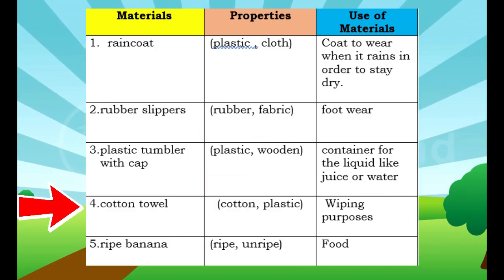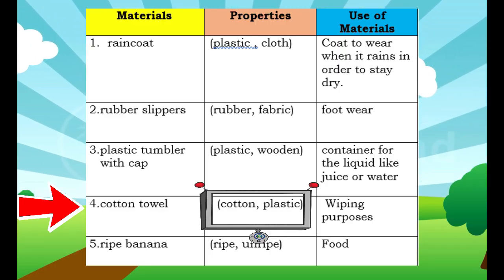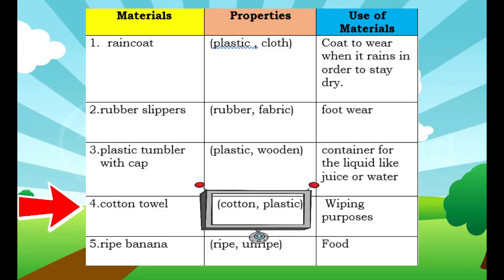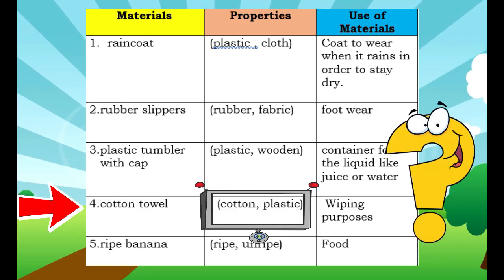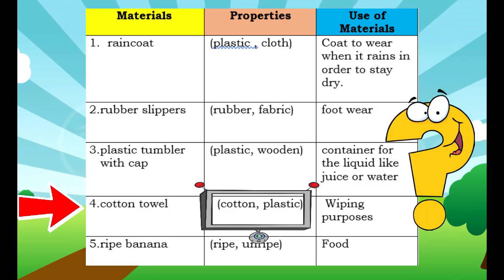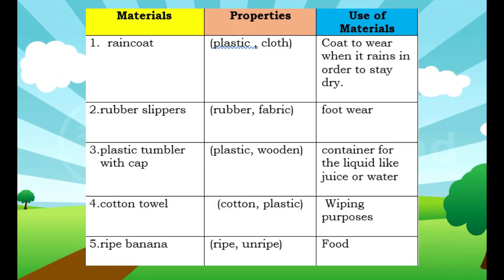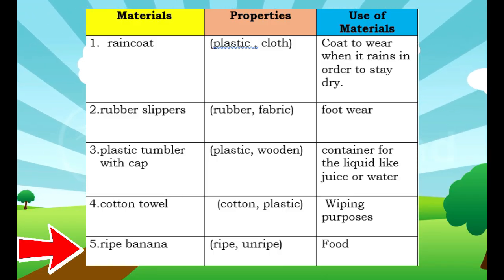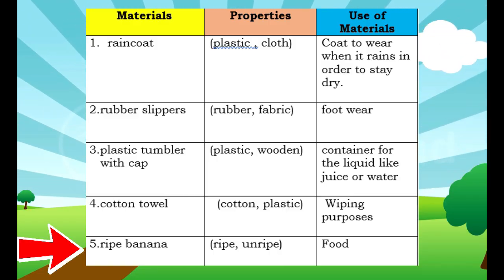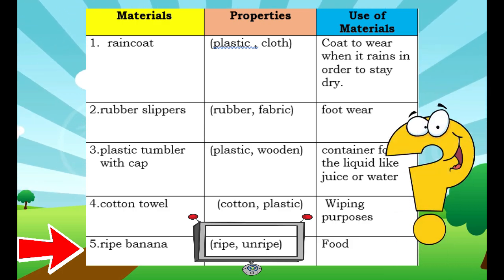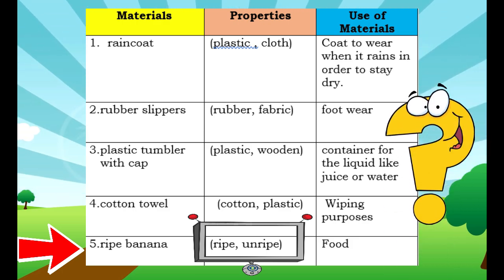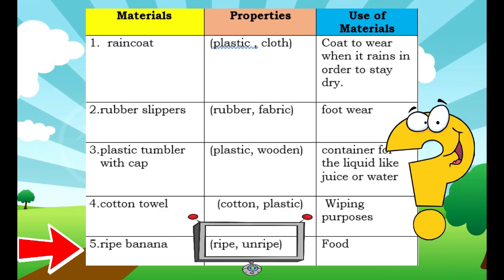Cotton towel. What is its property? Cotton or plastic? Use of the material, wiping purposes. Number 5. Ripe banana. What is its property? Ripe or unripe? Use of the material, food.